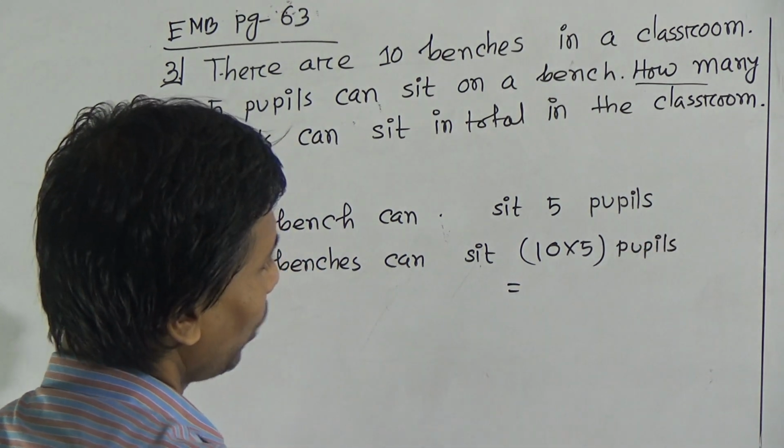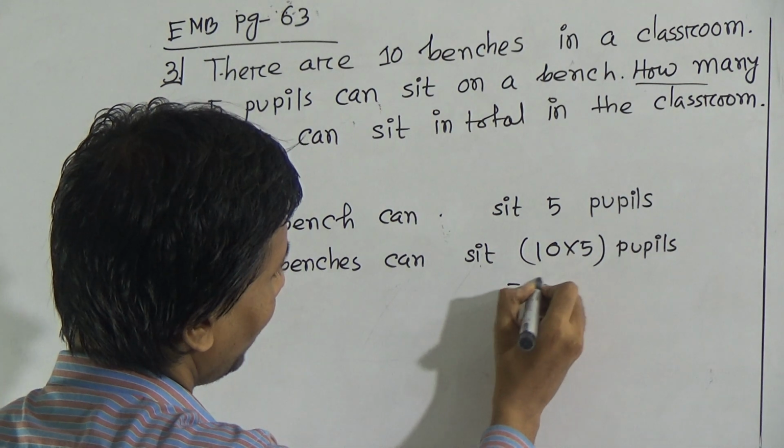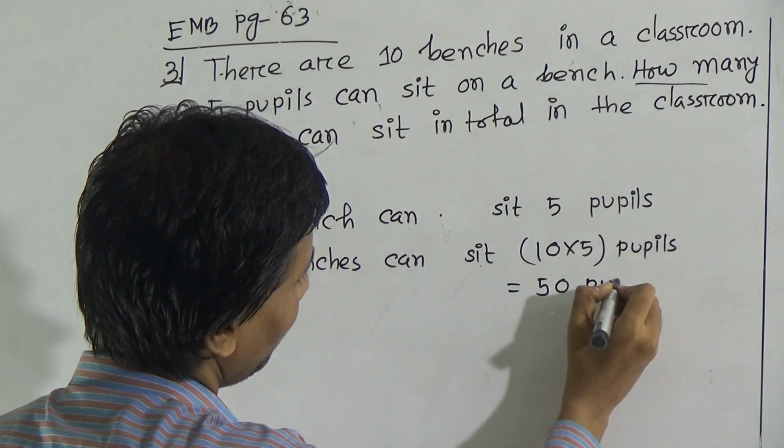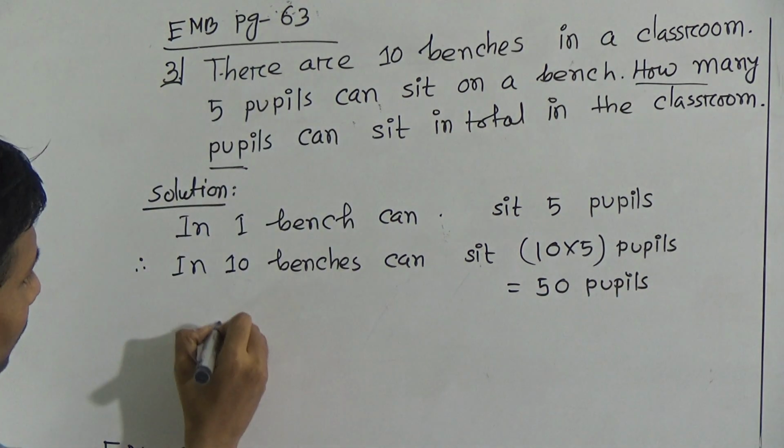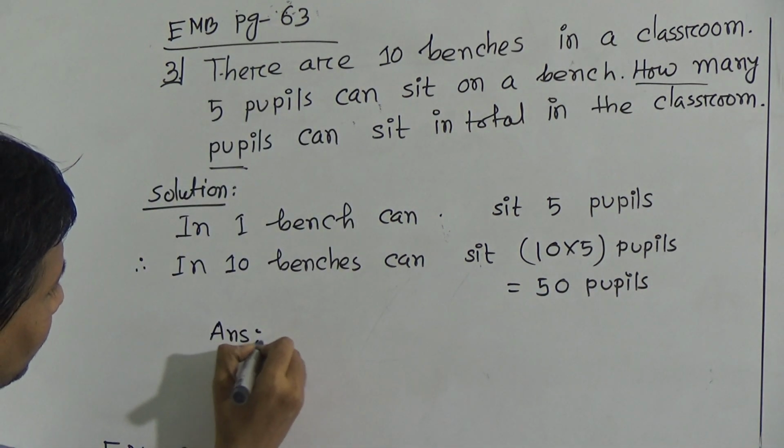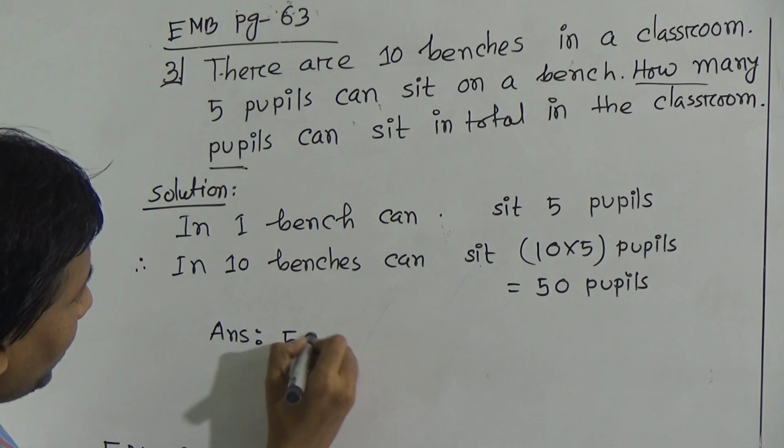Now 10 5s are what number? 10 5s are 50 pupils. Now write the answer: 50 pupils.